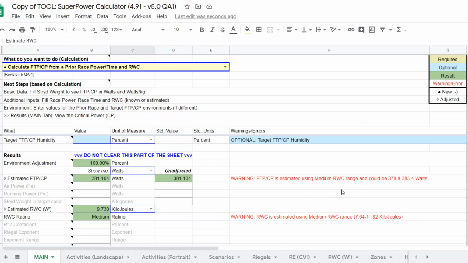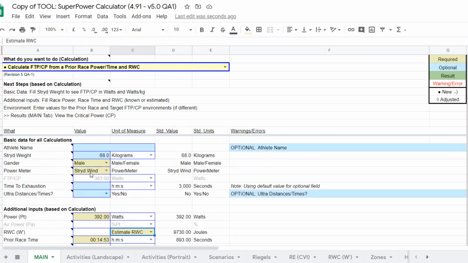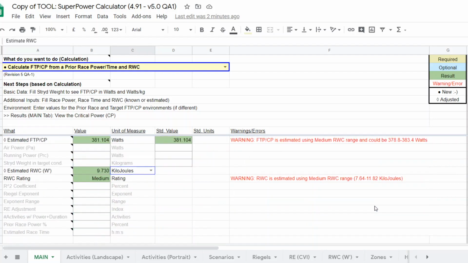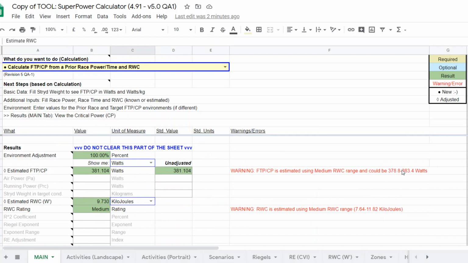So what you want to do is actually look at the range, and that's over here in the red. So based on that medium reserve work capacity range, based on the population, which runs from 7.64 to 11.82 kilojoules for males with the wind pod, the actual FTP range or estimate for this athlete is about 379 to 383 watts.